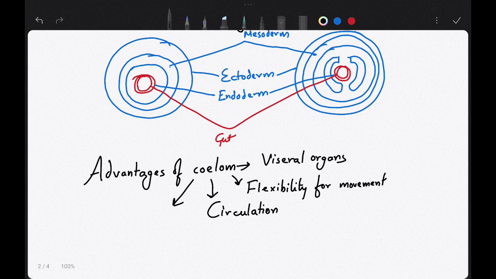So this part plays a key role in aiding the development of gonads. Okay, I hope it is clear up to here, and this is the first class. In the next class we will discuss more about coelomates and acoelomates and the developments and various other topics. Okay, thank you.